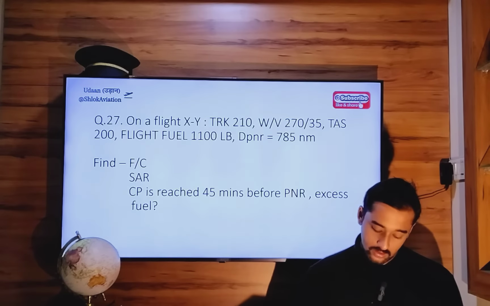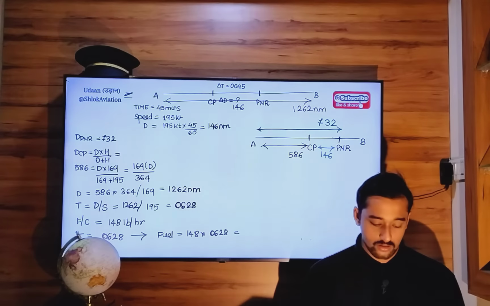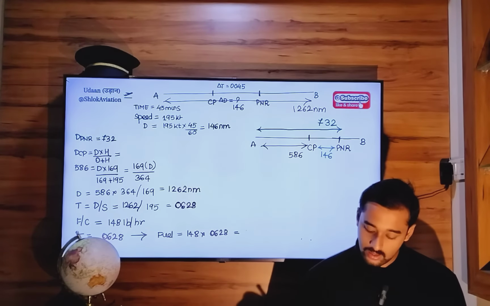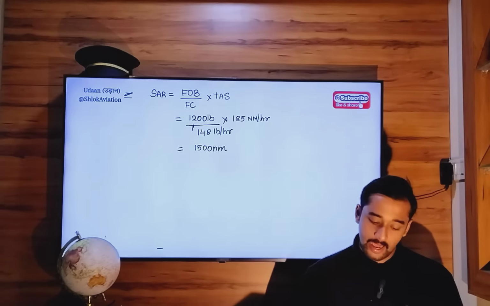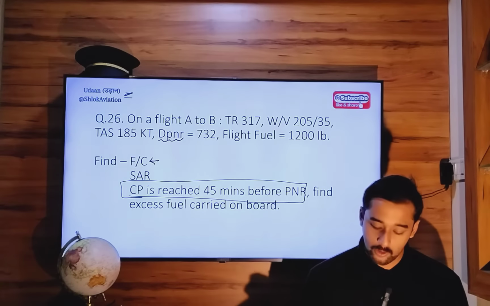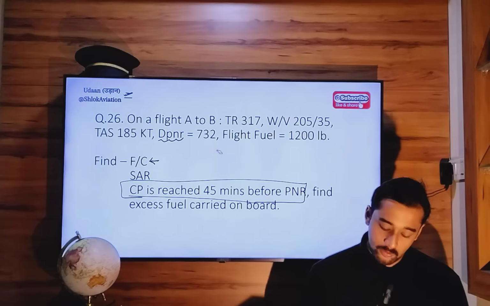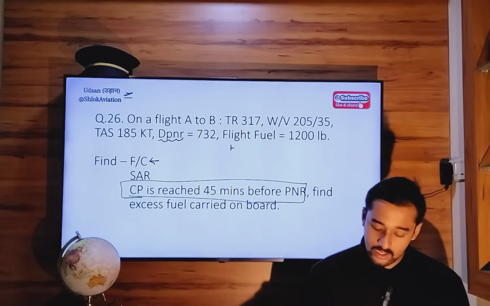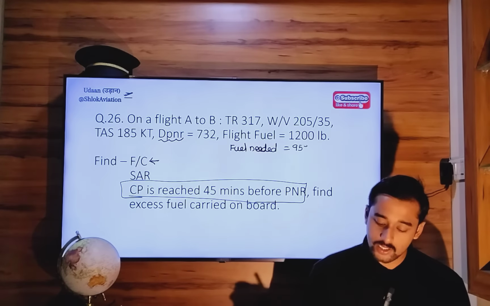148 multiplied by 6.28, which is 957 pounds. Now, how much fuel do we have on board? We have flight fuel of 1200 pounds. Fuel needed to travel from A to B is 957 pounds.